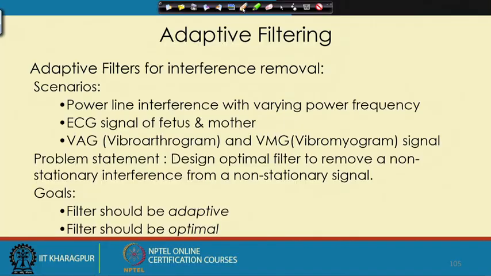Because of that, we find the power frequency is changing all the time, and as per the law in India it allows plus minus 3% change. That means, over 50 hertz, plus minus 3% means 1.5 hertz, it can go below the power frequency as well as above it.